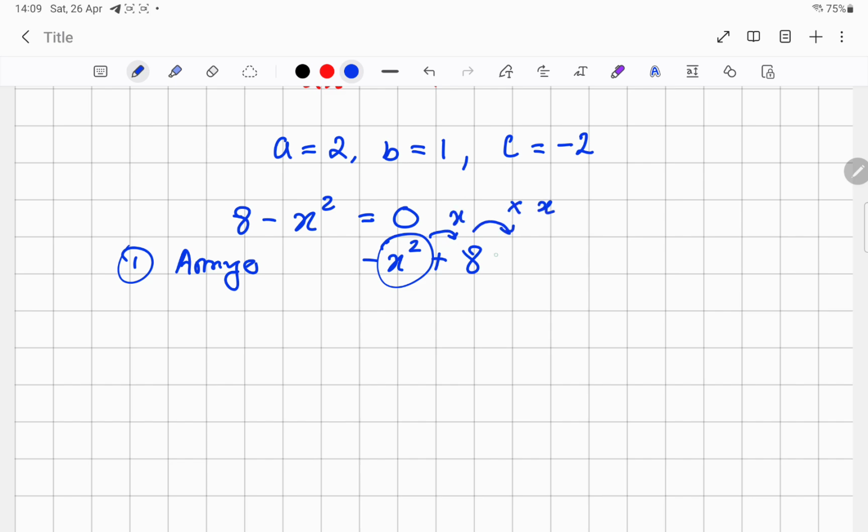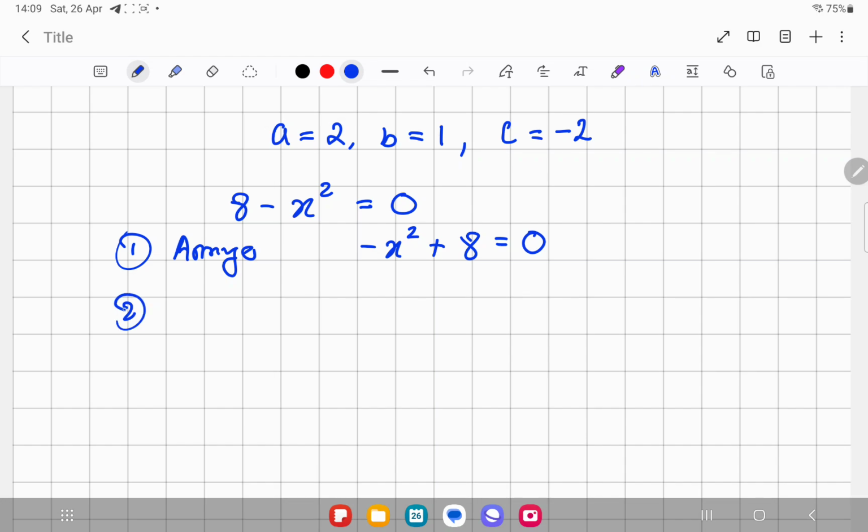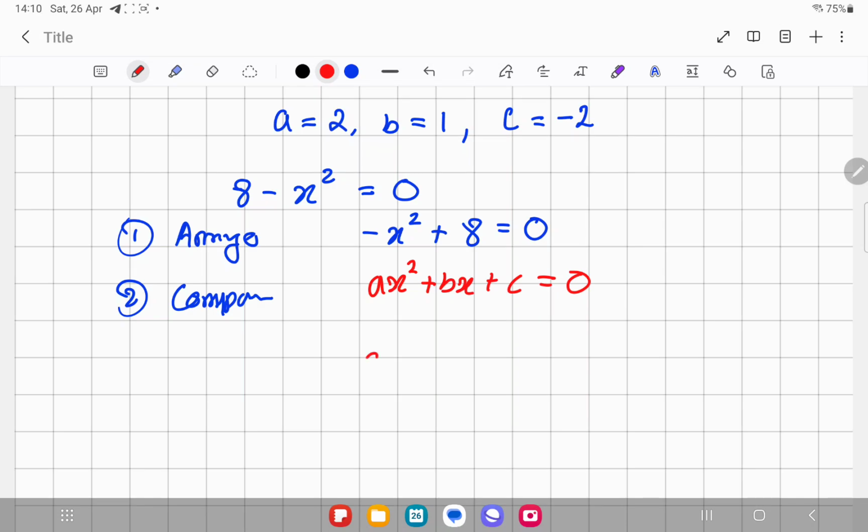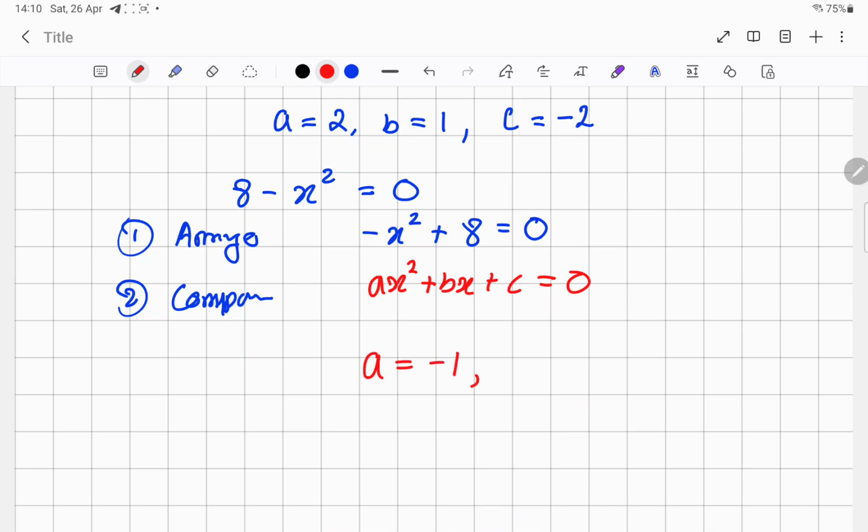You don't have x, so we jump to the constant, 8. Then you compare with ax squared plus bx plus c equals 0. Your a is negative 1.